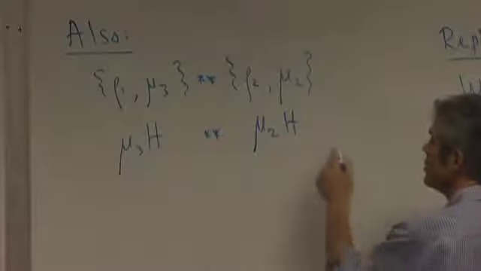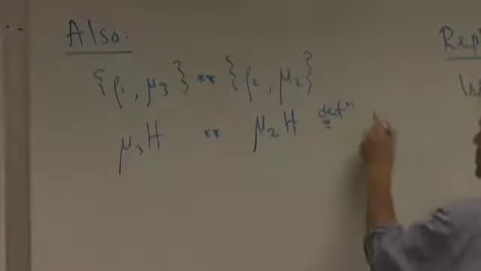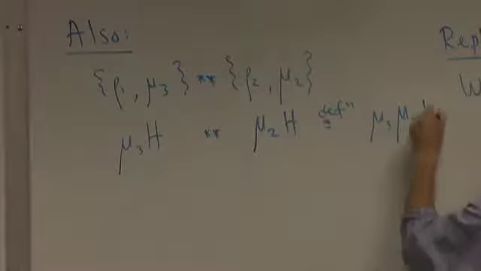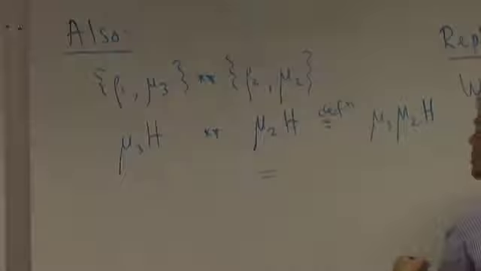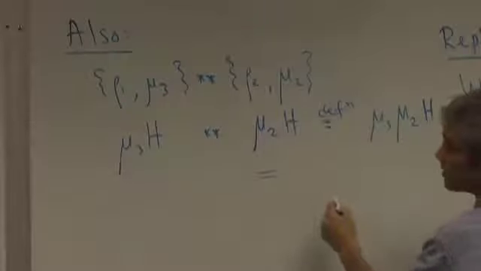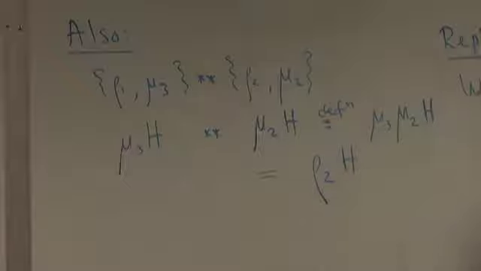And in this situation, what is mu 3, mu 2? Well, by definition, this is supposed to be mu 3, mu 2h. And what is mu 3, mu 2? It is rho 2. Which is, let's see, rho 2h is this one right here, rho 2, mu 2.